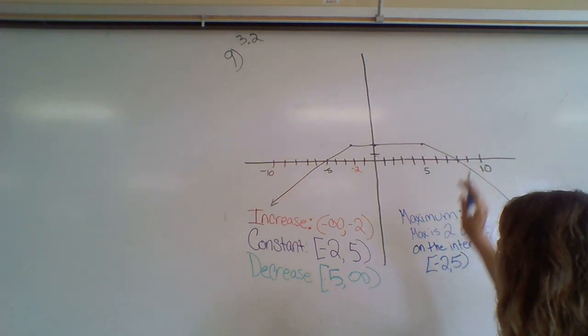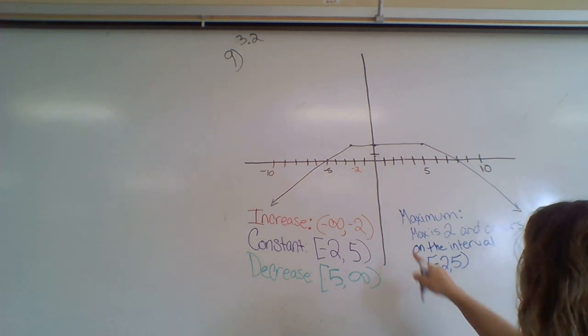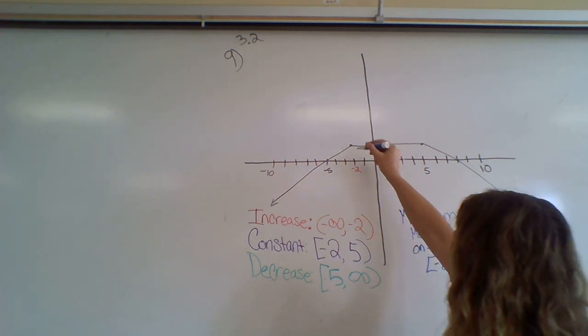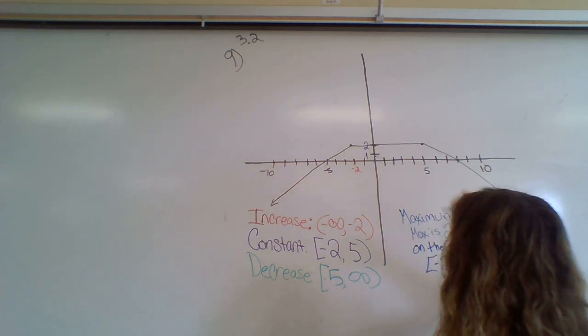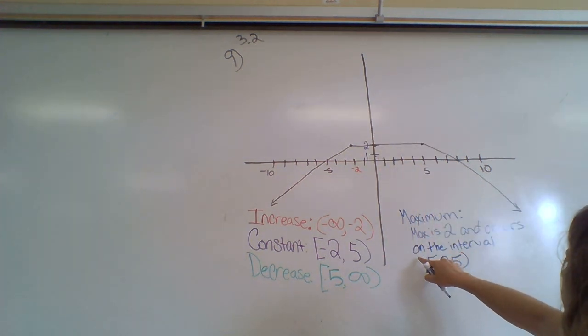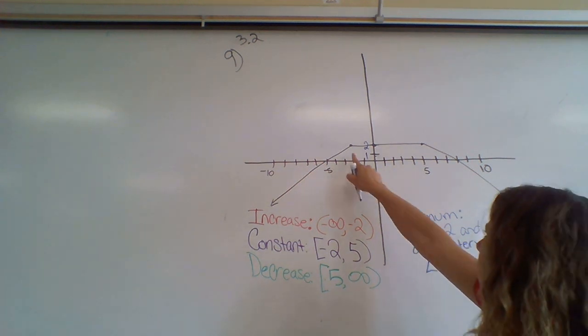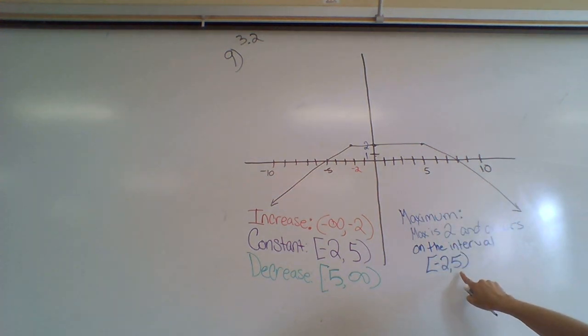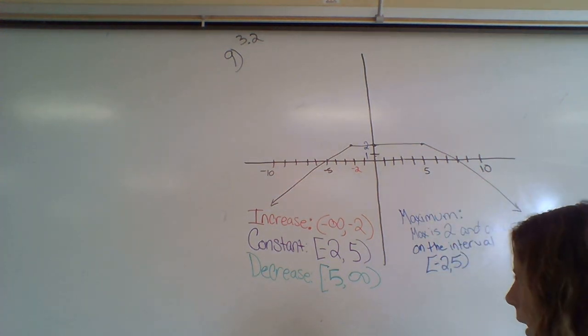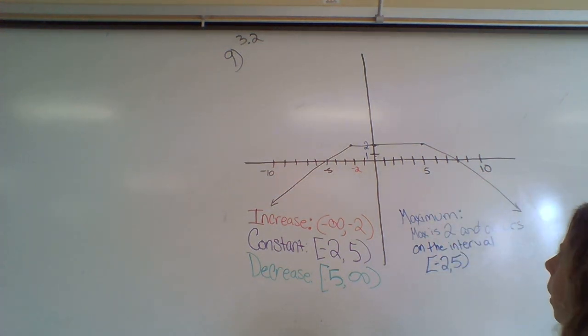We start going somewhere else. So maximum. The max is 2 because y equals 2. This is 2. This is 1. This is 2. y equals 2 on, and it occurs on the interval from -2 to 5. From when x equals -2 to when x equals 5. That's what that means.